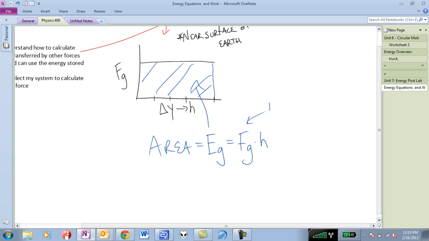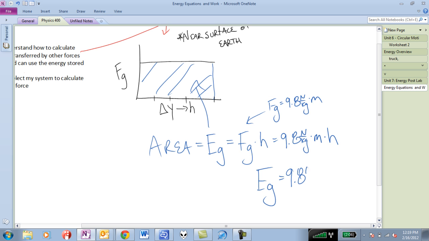Fg is going to be equal to our 9.8 newtons per kilogram times our mass. So we can rewrite this as 9.8 newtons per kilogram times mass times height. And so the equation that I'm really looking for, the one that I'm going to box in, the one that I'm going to give you on your equation sheets, this is the most common one. Right there.